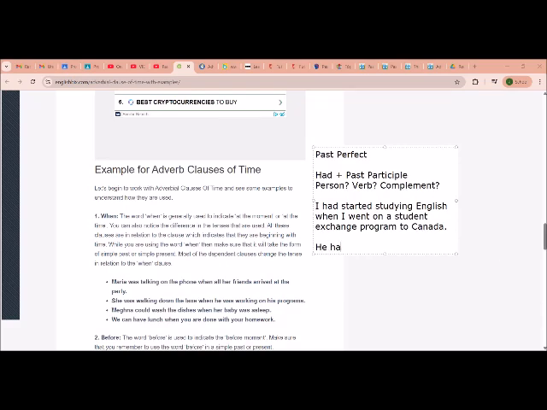So he had studied French and let's give it some time for 2 years when he moved to Paris. Repeat. He had studied French for 2 years when he moved to Paris.